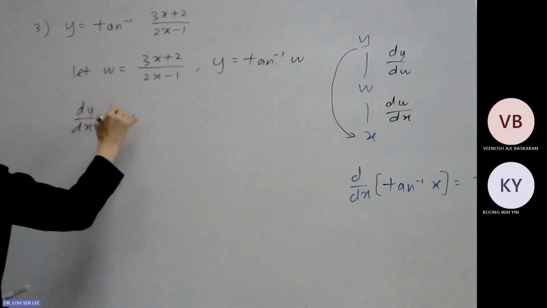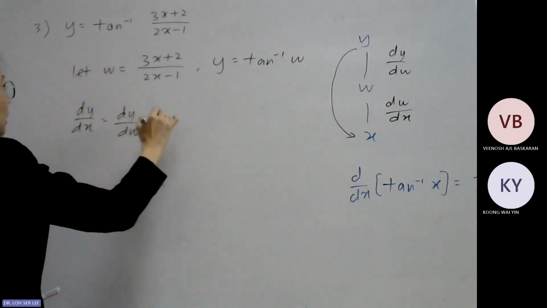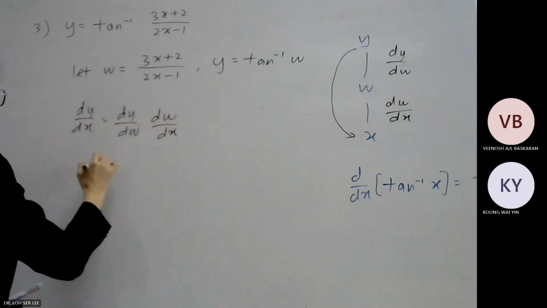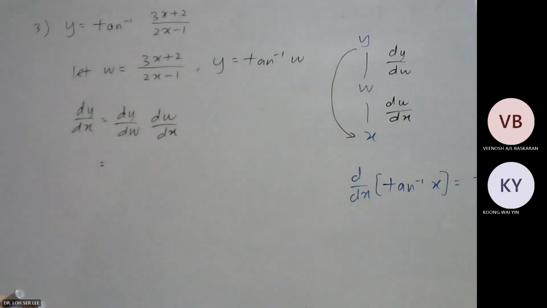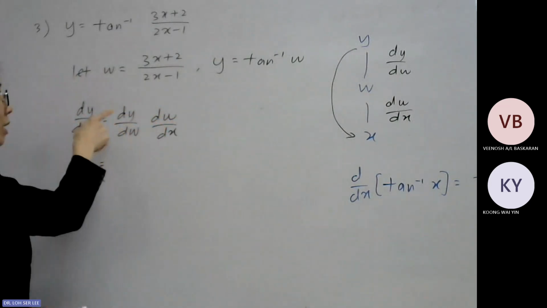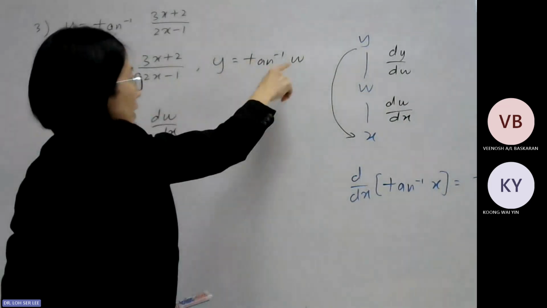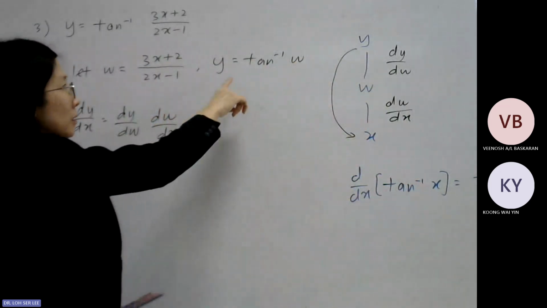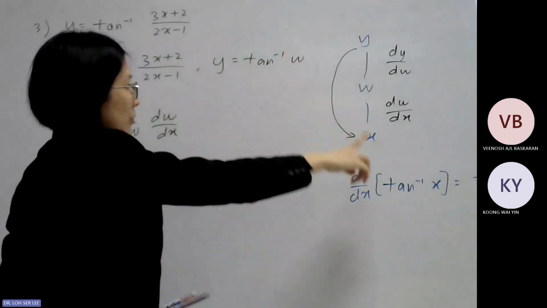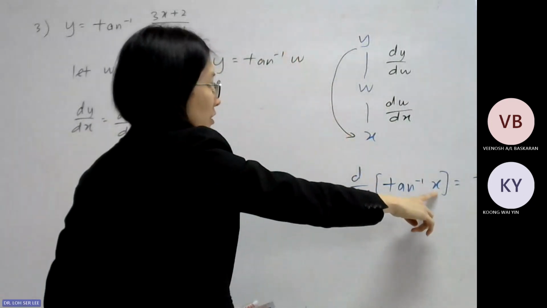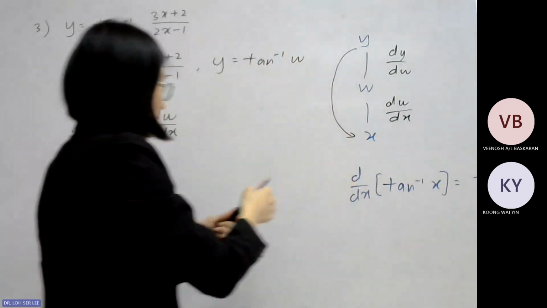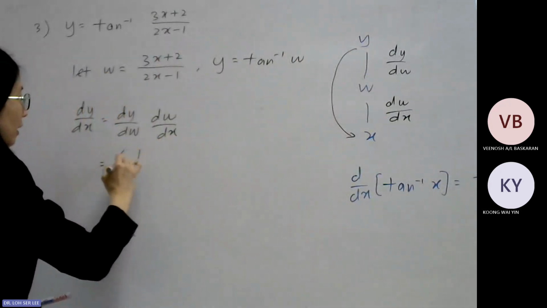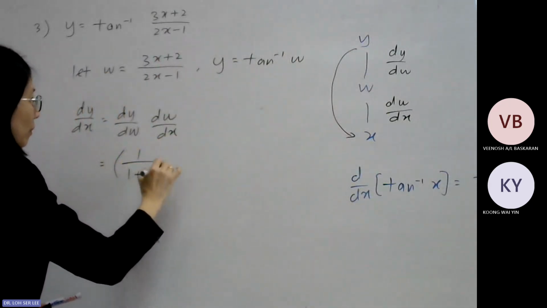dy dx equals dy dw times dw dx. To get dy dw, we have this formula. This one we change into w, this one change into w, then we get this.